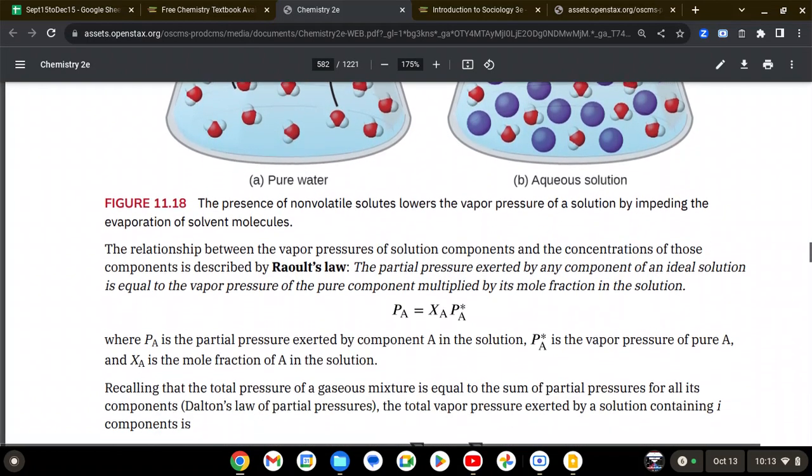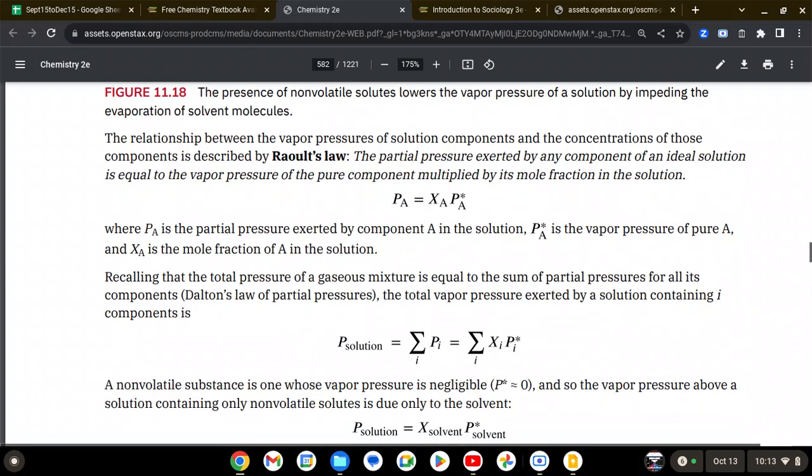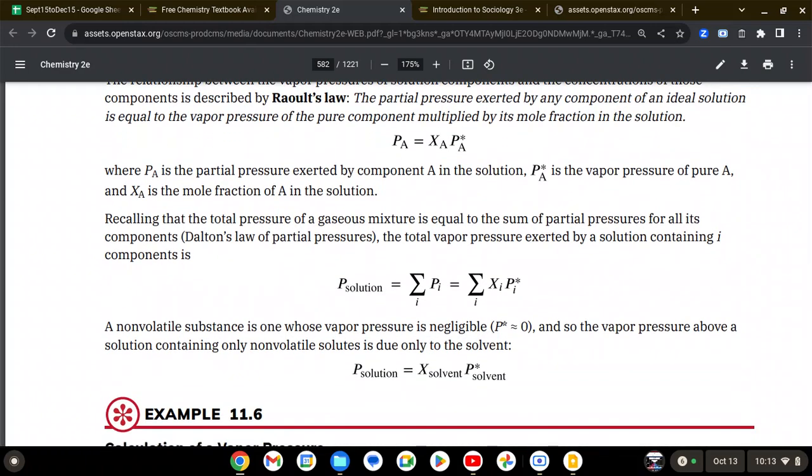The relationship between the vapor pressures of solution components and the concentrations of those components is described by Raoult's law. The partial pressure exerted by any component of an ideal solution is equal to the vapor pressure of the pure component multiplied by its mole fraction in the solution, where P_A is the partial pressure exerted by component A in the solution, P_A star is the vapor pressure of pure A, and X_A is the mole fraction of A in the solution.